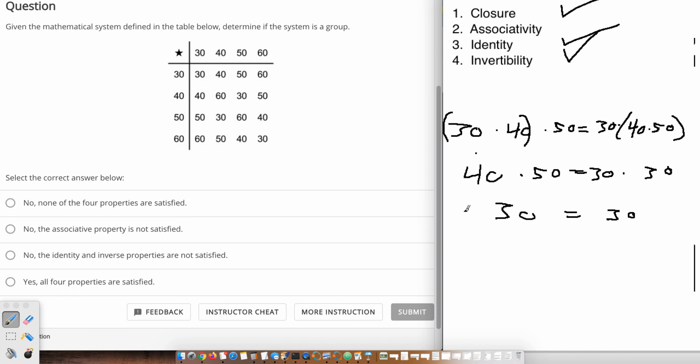We did 30, 40, 50, but you have to check 50, 40, 30, and 50, 40, 60. I haven't found anything that makes it quicker.